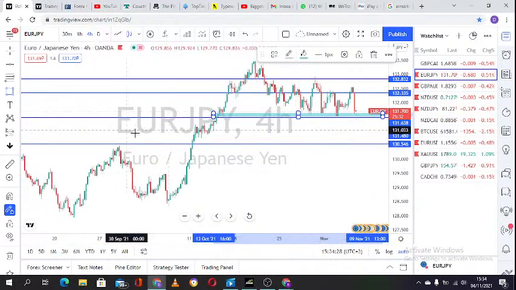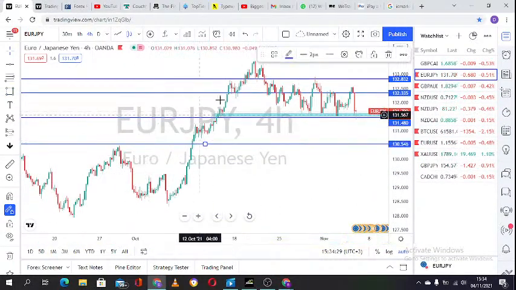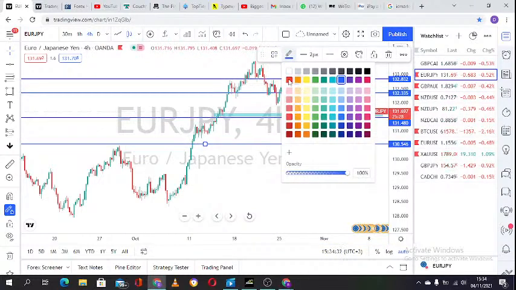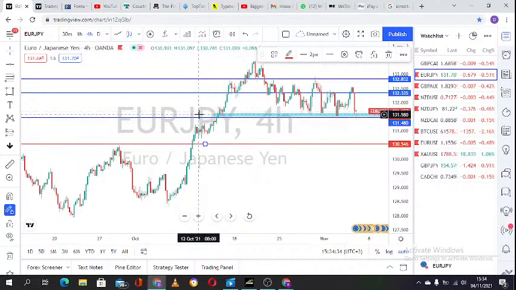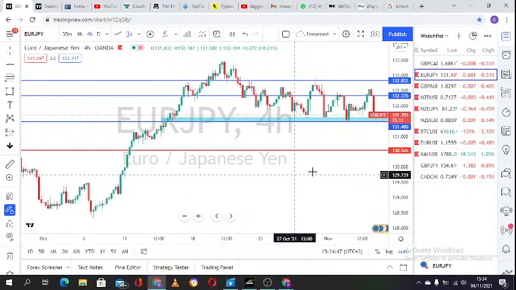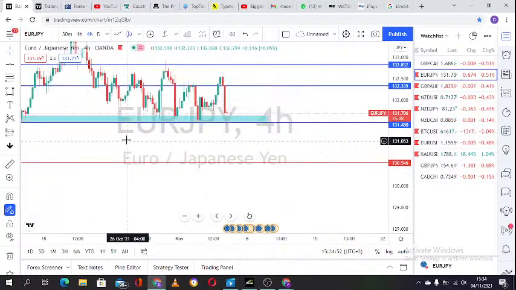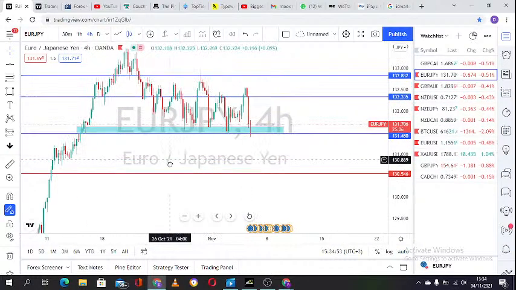But remember, we're still looking for this exhaustion from back here, so maybe we can change the color for this to red. We can see maybe an exhaustion back to this level. So don't be excited just yet, since we're not seeing a lot of confluences at this area. It's not really looking as beautiful as we might expect it.